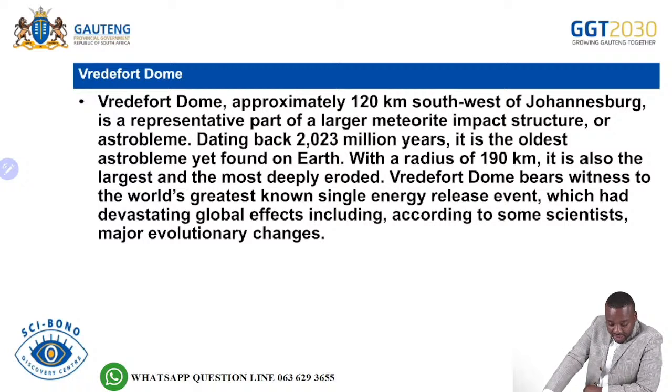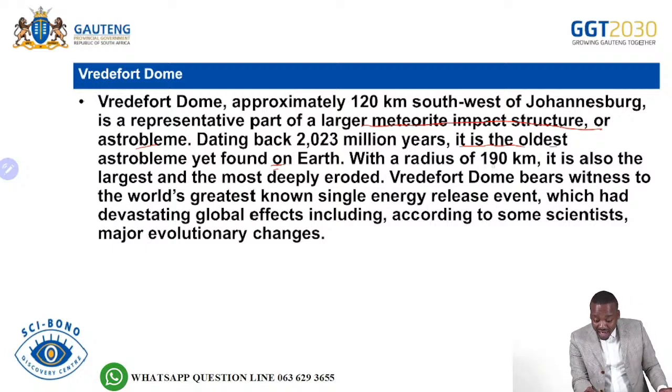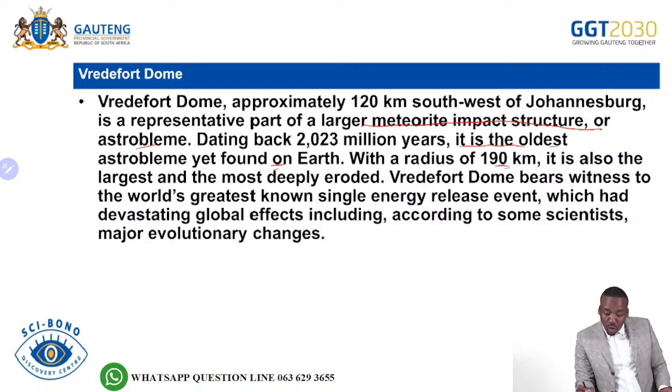It is a representative part of a large meteorite impact structure or astroblem dating back to 2.023 million years ago. It is the oldest astroblem yet found on Earth here in South Africa, with a radius of about 190 kilometers. It is also known as the largest and the most deeply eroded area.